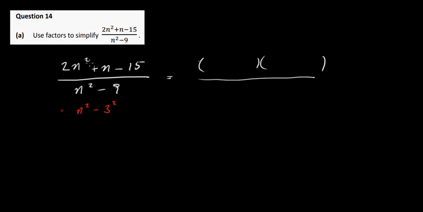So we can factorize the top. Let's see, that's going to be 2n times n. 15 can be 1 times 15, it can be 3 times 5. 3 times 5 will work here. I can put the 5 here and a 3 here. And I need this one here to be plus, this one here to be minus.